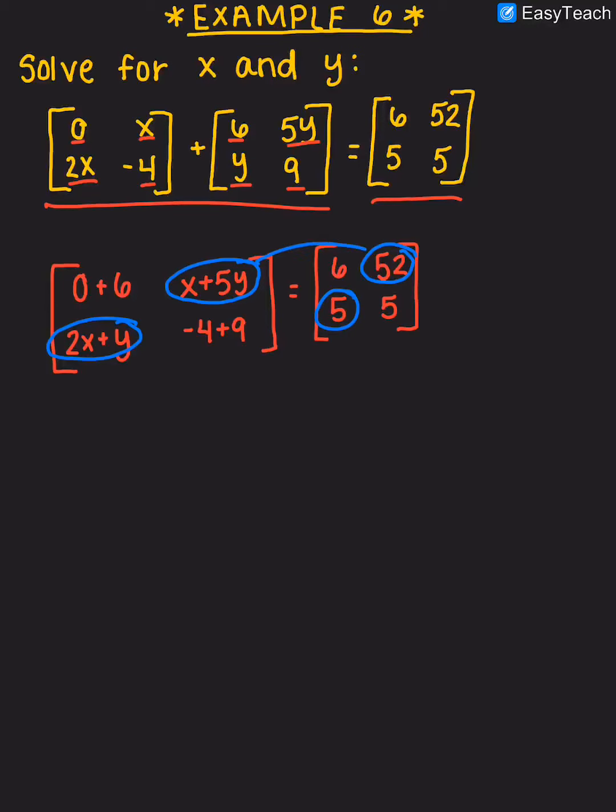Okay, so these are paired up. So we can write two equations. We'll have x plus 5y equals 52. And then we have 2x plus y equals 5. And this right here is a system of equations. And so I'm actually going to move this to the other side.